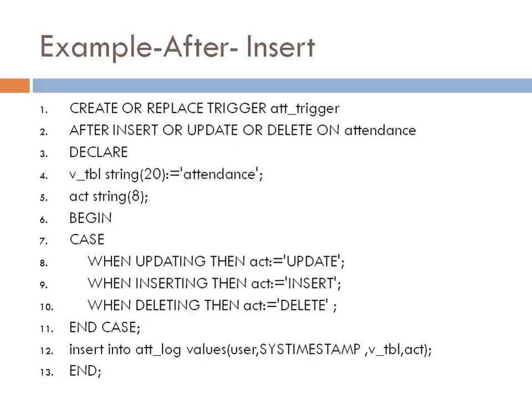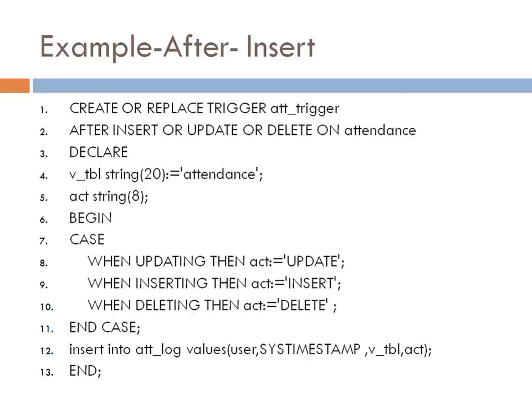And in line number 12 you can see that I am inserting into ATT_log values. User is a system value which identifies the user who is right now doing transactions in the database. That username will be automatically taken by the user system value.